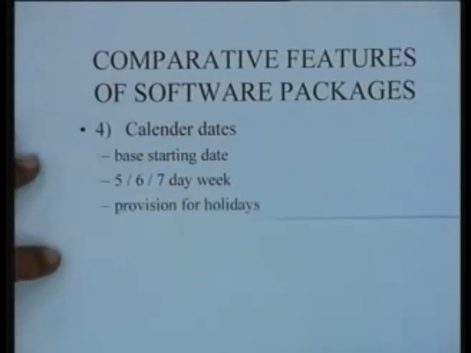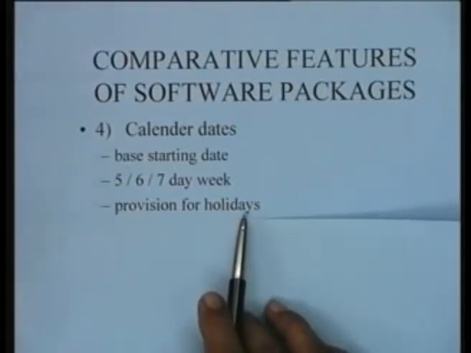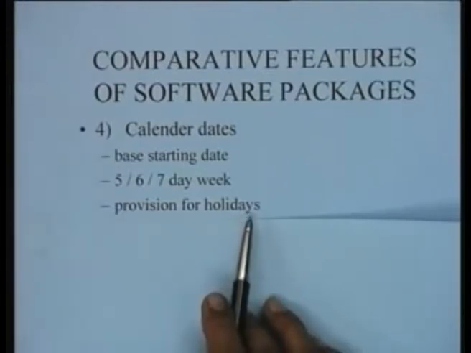and you can also feed in provision for holidays. So you can feed in the list of holidays for the year and for the next year and the next, and thereby whatever schedule you get, the calendar dating facility in the program will give you a schedule which specifies the exact dates on which each activity is to be done.